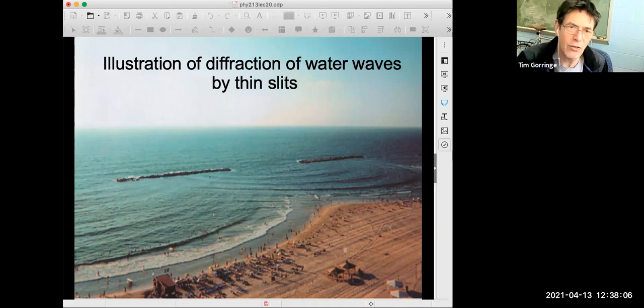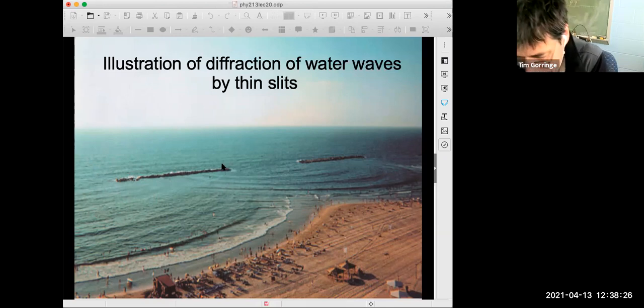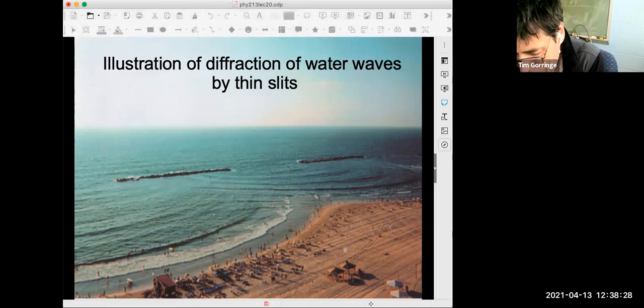Was I just going to show you a nice picture of the beach and the ocean? No, I'm not just showing you a nice picture of the beach and the ocean. I'm showing you this fantastic picture of diffraction. I love this picture. Look, we've got an array or an arrangement of thin slits in this picture.